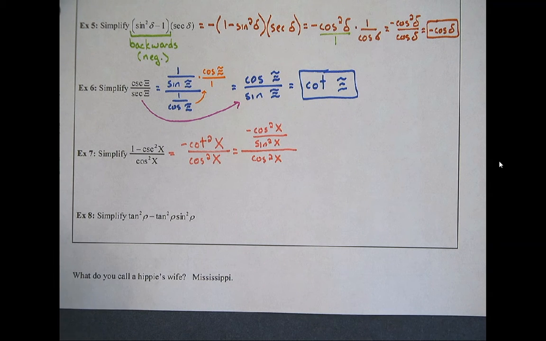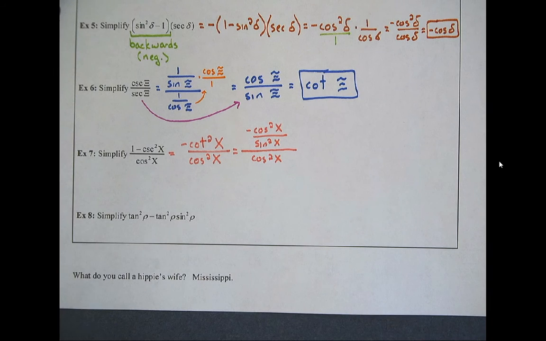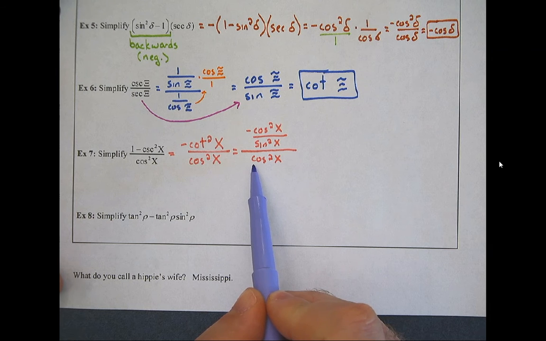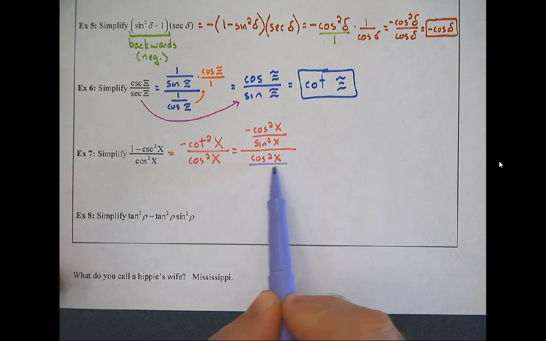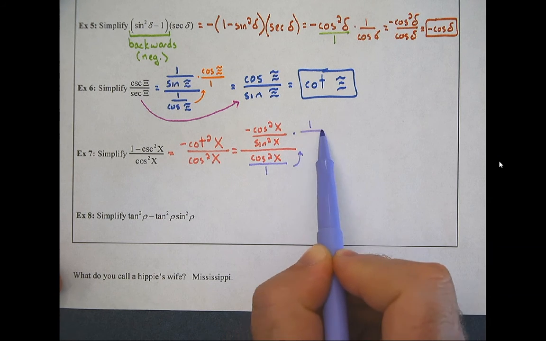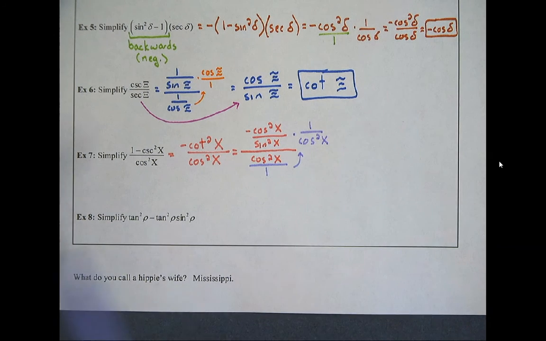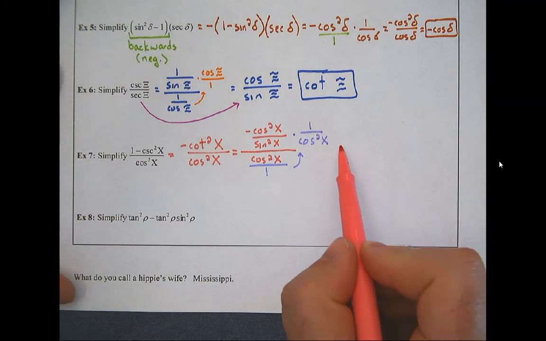So what we do instead is we turn this into a fraction and flip and multiply. Flip and multiply. And now we can start to clean this up.